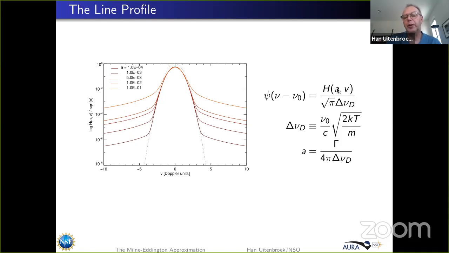So given a wavelength scale, these two parameters, delta nu Doppler and the damping coefficient a, completely describe the line profile.